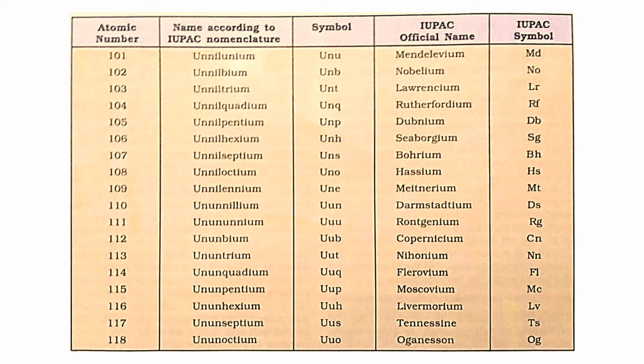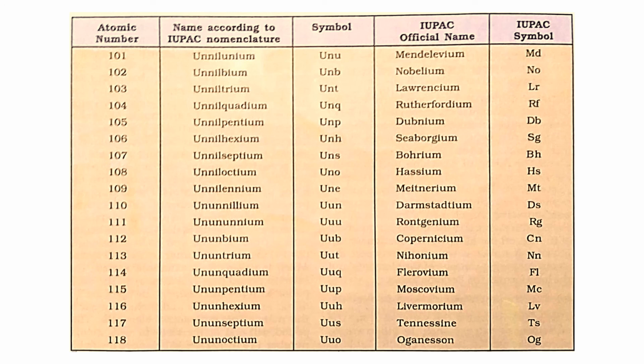Thus, a new element first gets a temporary name with symbol consisting of 3 letters. That is what you learned to write just now. Later, permanent name and symbol are given by a vote of IUPAC representatives from each country. The permanent name might reflect the country or state of the country in which the element was discovered or pay tribute to a notable scientist.